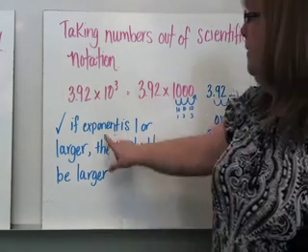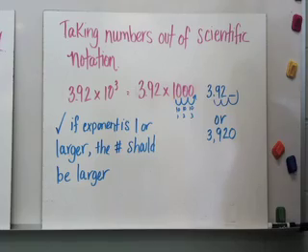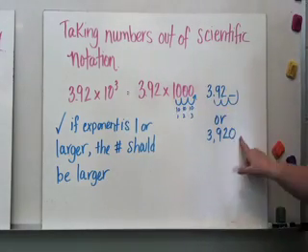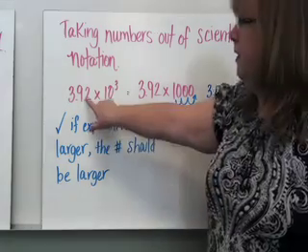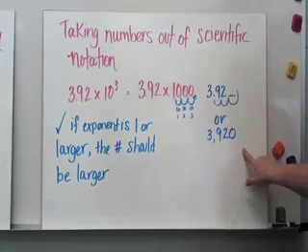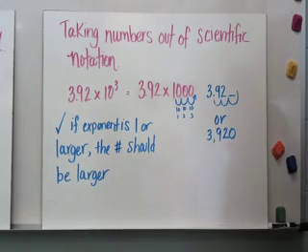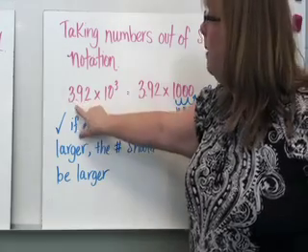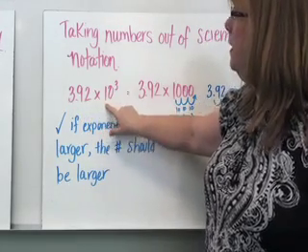Well, you can check. If your exponent is 1 or larger, and it is, then the number that's coming out of it should be larger than the number you started with. And it is. We had to move our decimal 3 places to the right to make the number bigger.